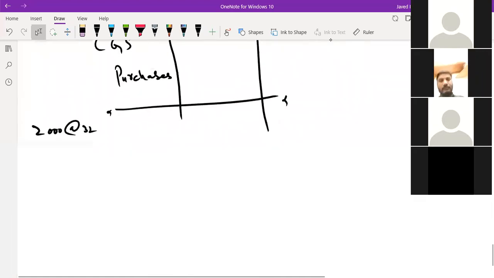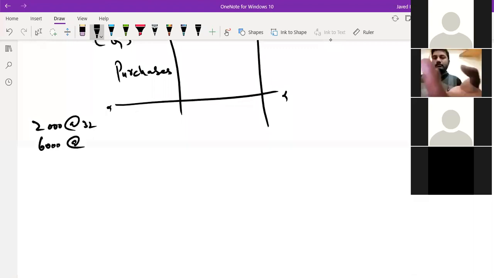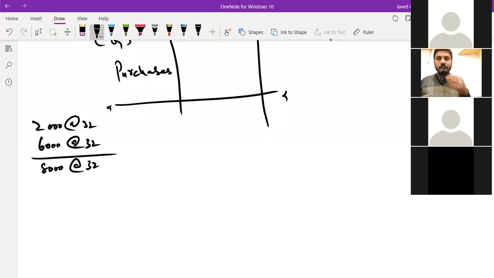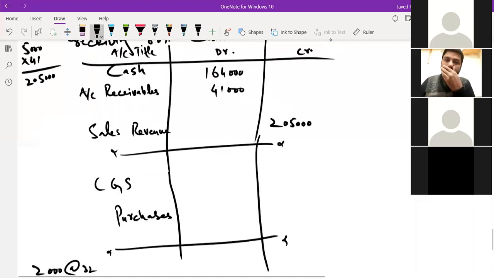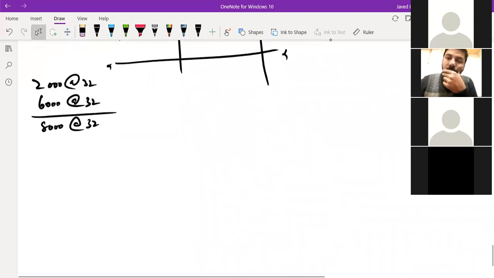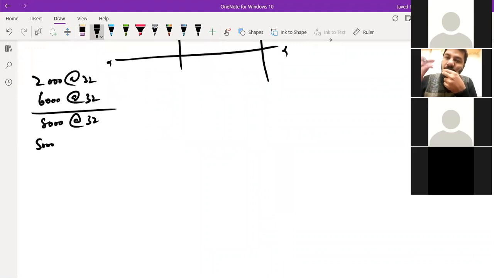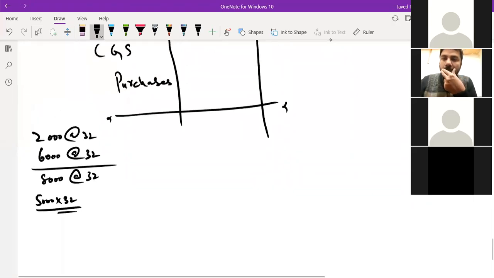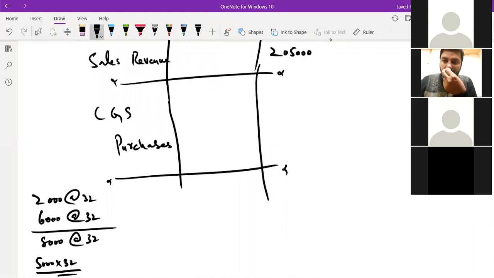So you have 8,000 at 32, so it's not an issue now. You can easily find out the cost, which is 5,000 multiplied by 32, so it should be 160,000 in your COGS, and credit purchases by 160,000.